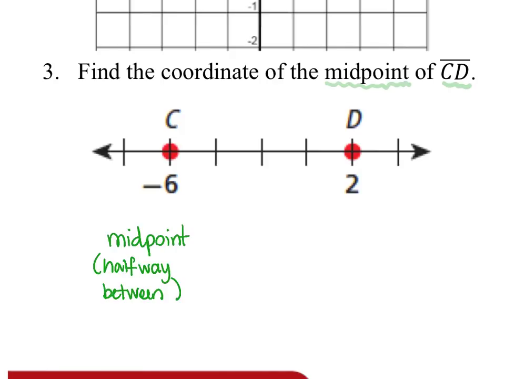The midpoint, or the halfway point, is going to be the average of the 2 coordinates, -6 and 2. To find the average, we add the numbers together and divide by the number of numbers we have. When we add -6 and 2, we get -4, and then we divide by 2, giving us a midpoint of -2.